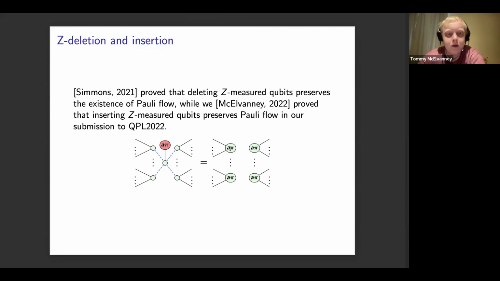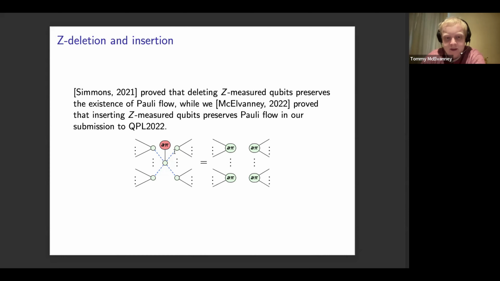Similarly, Will Simmons in his 2021 paper proved that we can delete any Z-measured qubit and that this preserves the existence of Pauli flow. We proved in 2022 that we can arbitrarily delete Z-measured vertices and preserve the existence of Pauli flow.